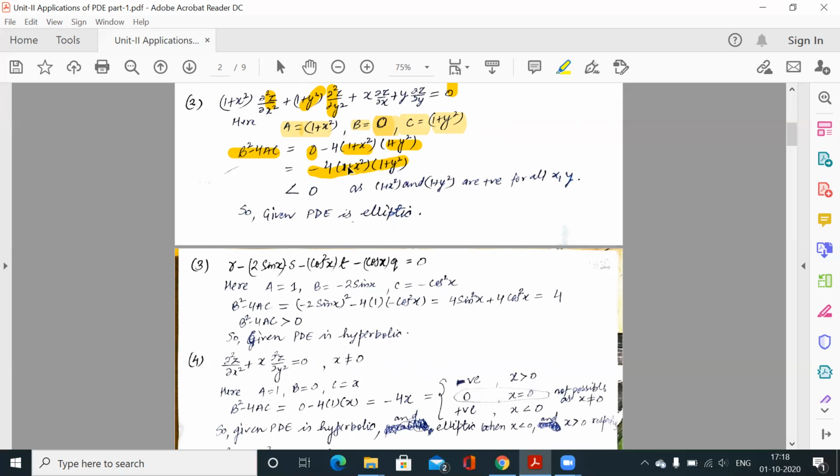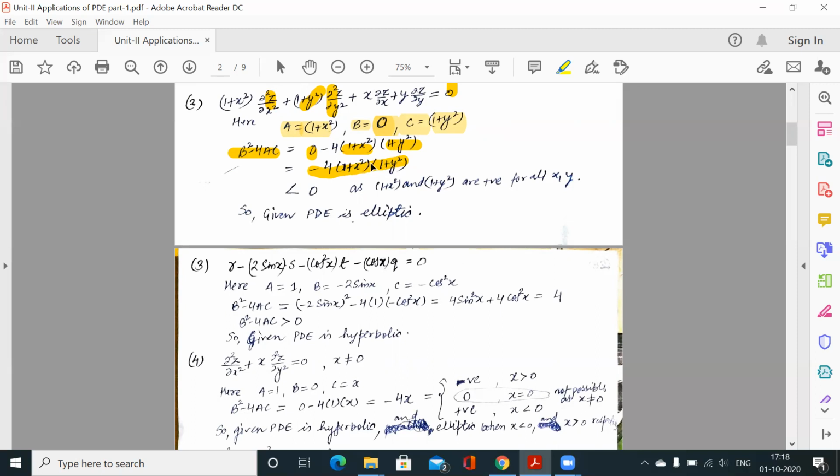So the minimum value of x square is 0. So 1 plus 0 is 1. Otherwise we will get 1 plus something, so always positive. Similarly for y square: because of the square, we will get the minimum value 0 and the rest are greater than 0, positive values. So 1 plus something is 1 at least.